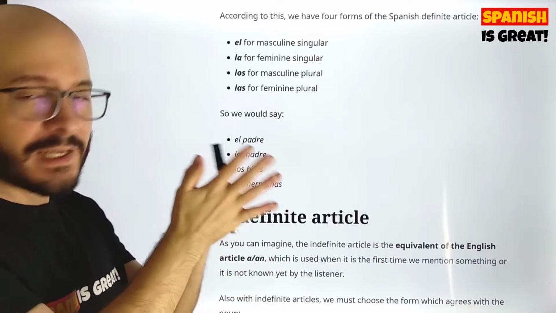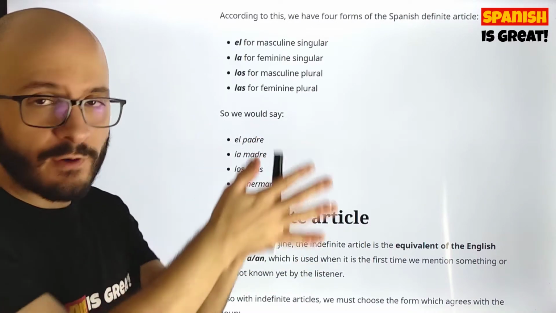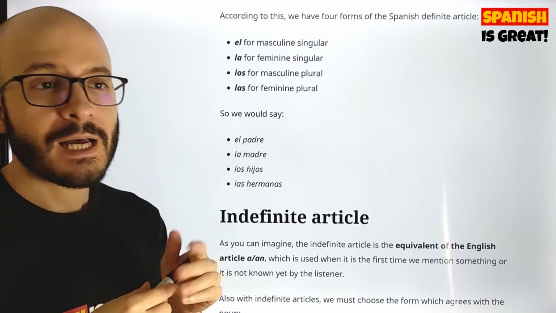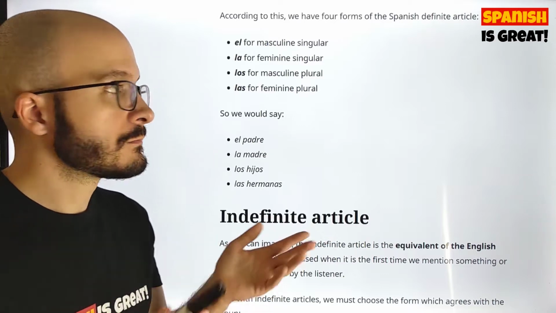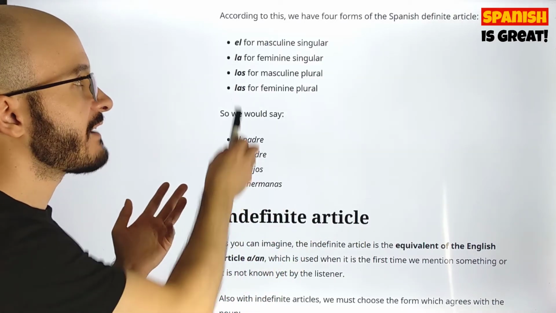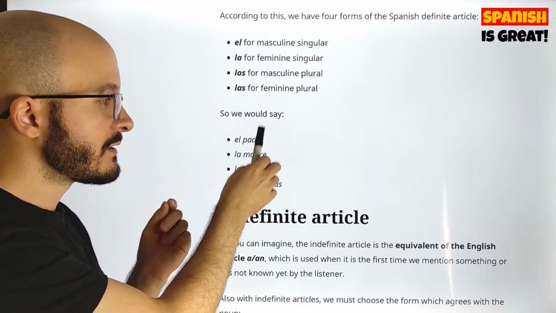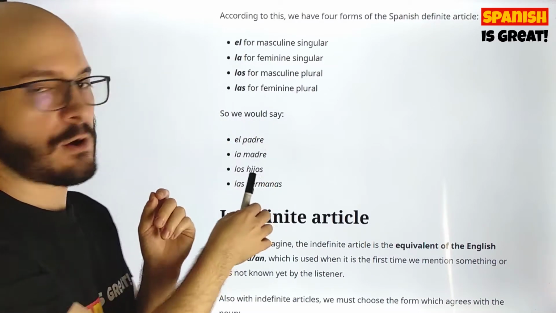See, in English we have the for everything. In Spanish we have these four forms, but we just have to use the form which agrees with the gender and number of the noun.